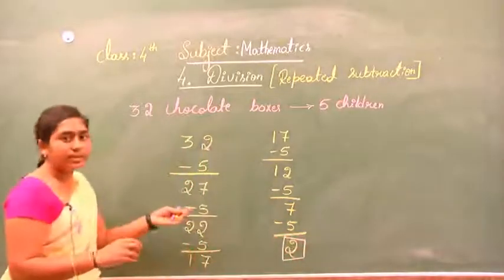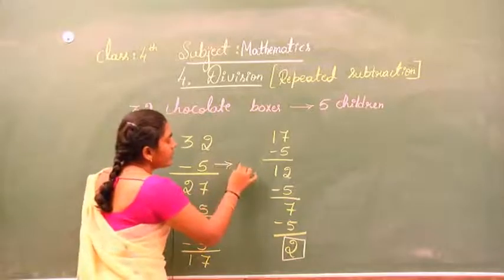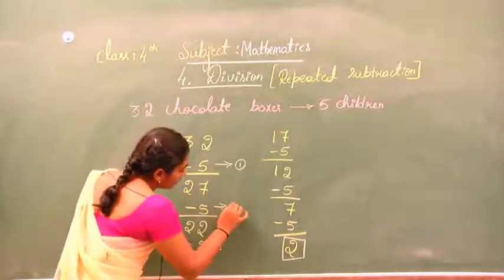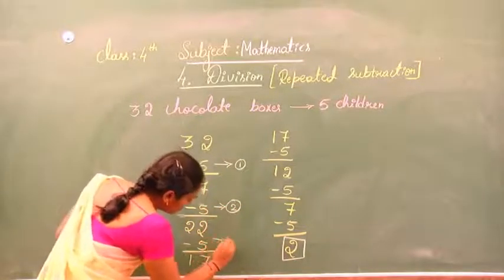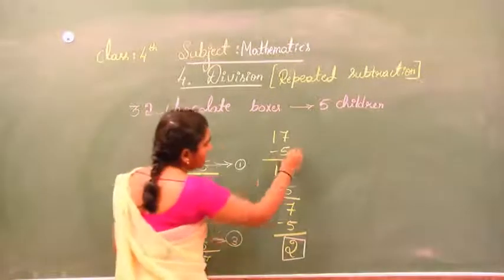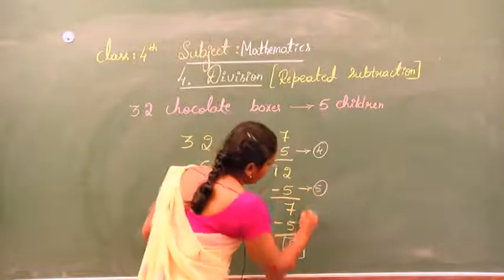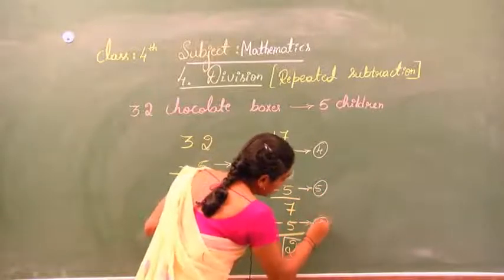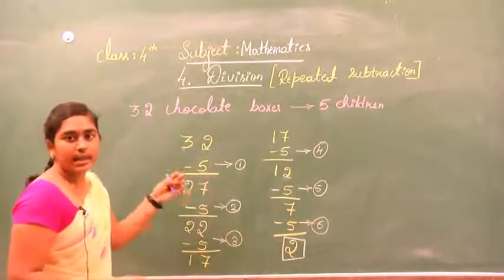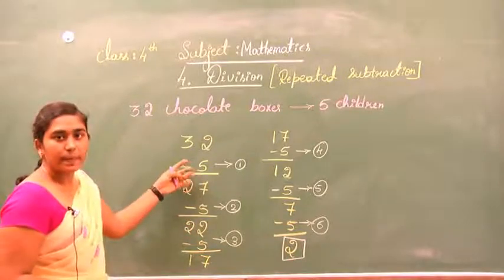So how many times have we subtracted 5? 1, 2, 3, 4, 5, 6. 6 times we subtracted the 5.